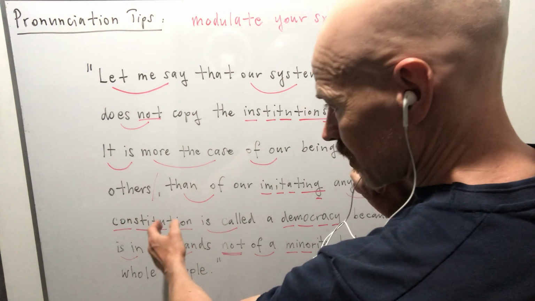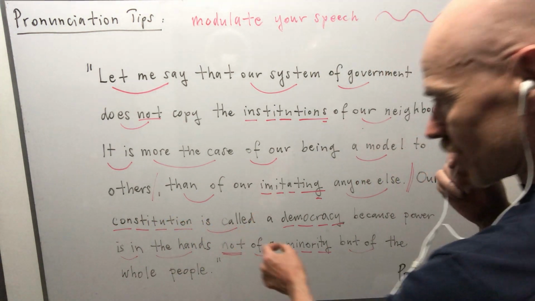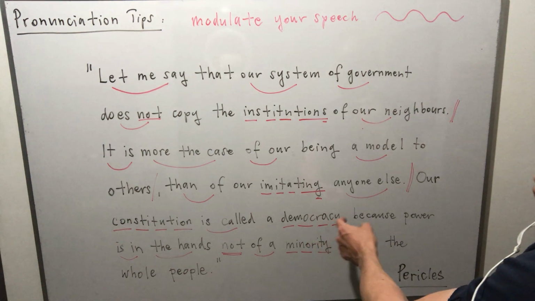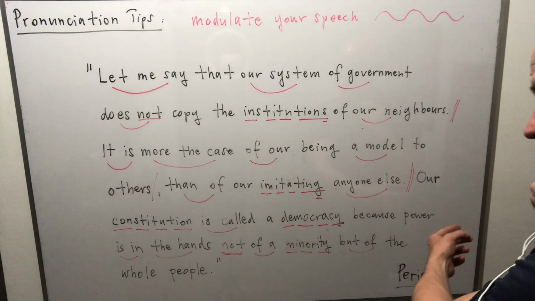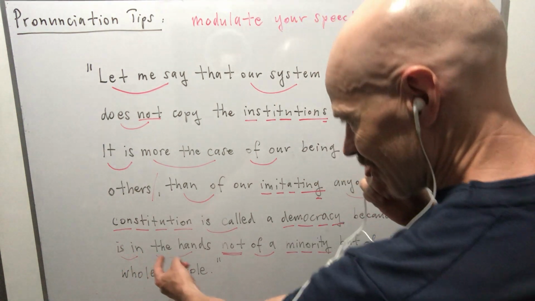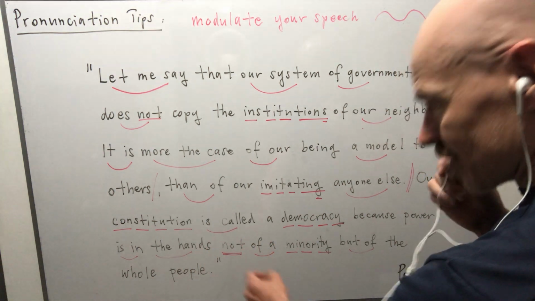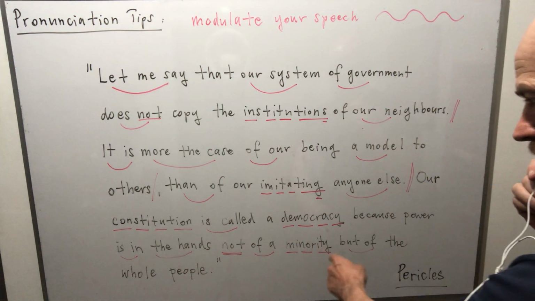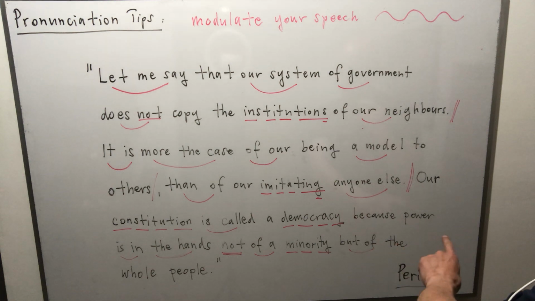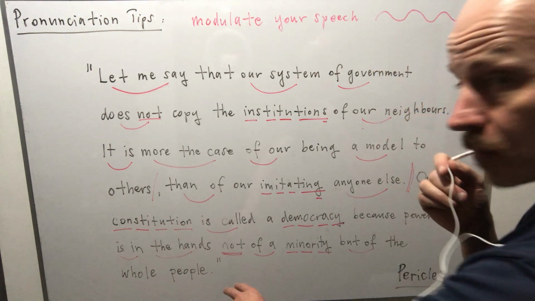Our constitution is called a democracy because power is in the hands not of a minority but of the whole people.